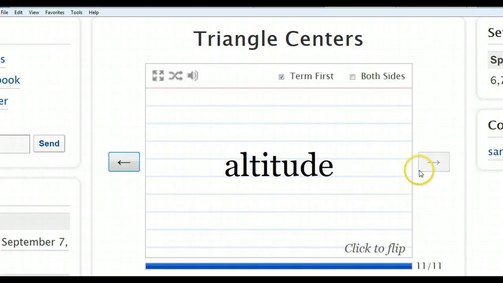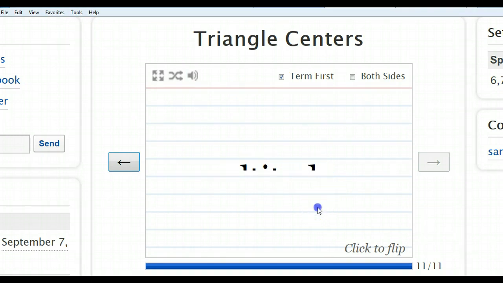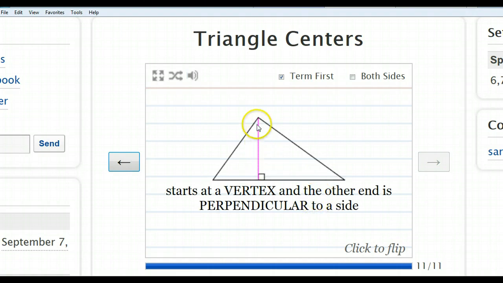Last but not least, what is an altitude? An altitude looks like this. It starts at a vertex and it has to be perpendicular to the opposite side. Now, notice both an altitude and a perpendicular bisector are both perpendicular.